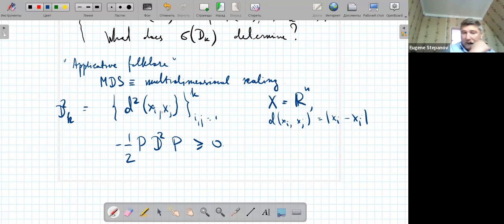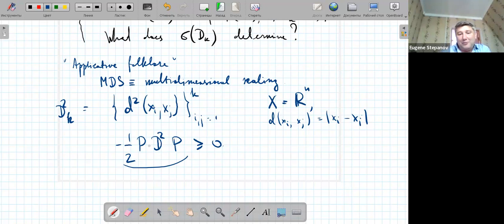They somehow mimic the Cholesky decomposition, but they take only the positive eigenvalues of this matrix and the eigenvectors corresponding to those positive eigenvalues. Then from those eigenvalues and eigenvectors, they try to reconstruct the embedding of their points into a finite dimensional space.